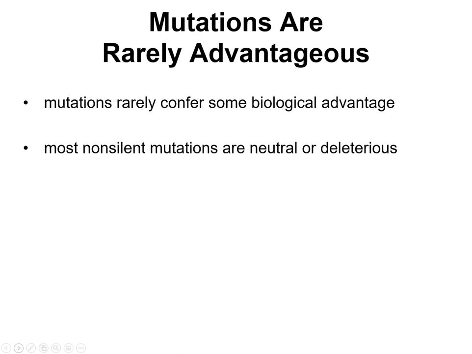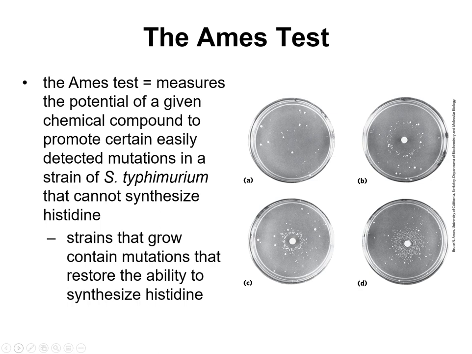Mutations very rarely give some kind of biological advantage. Most of the non-silent mutations are either neutral or deleterious. Non-silent mutations are ones that do have an effect on gene function and the gene product. There's a test that can look at the potential of a compound to promote mutation.